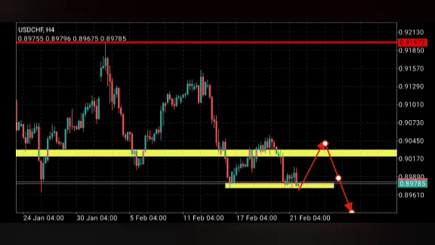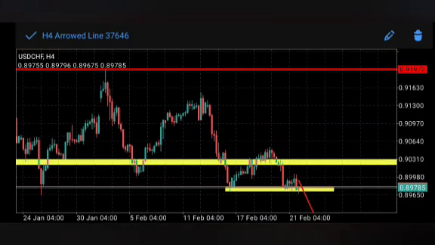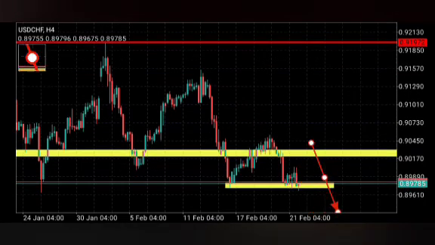Eventually the market is going to head down, but because of what I'm looking at here, the market could head up again to give some kind of double top in this place before heading down, or the market could just break out of this place and head straight down, just like that. So basically what we're saying is USDCHF is selling.